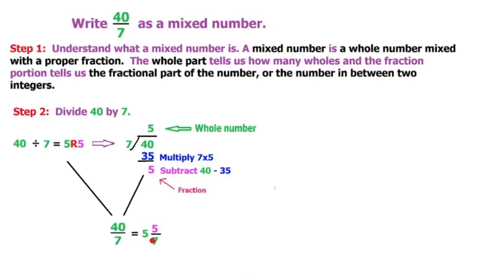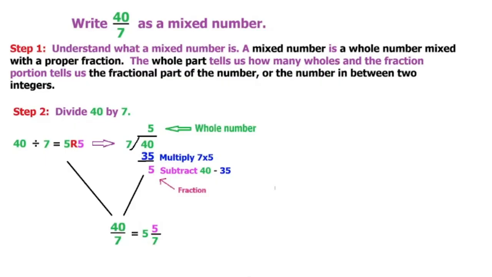So it's going to be 5 and 5 over 7. So when you have 40 over 7 and the answer looks like this, then to make this a mixed number, it's going to be 5 and then the remainder 5 over 7. If you have it this way, then you do 5 as the whole number and then 5/7 as the fraction.